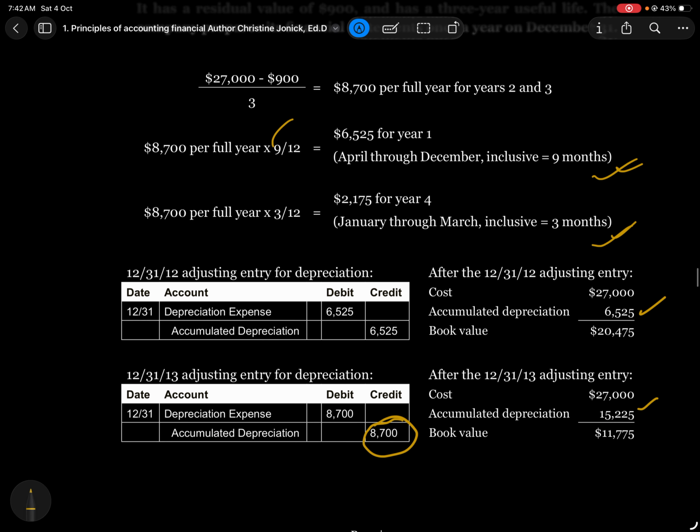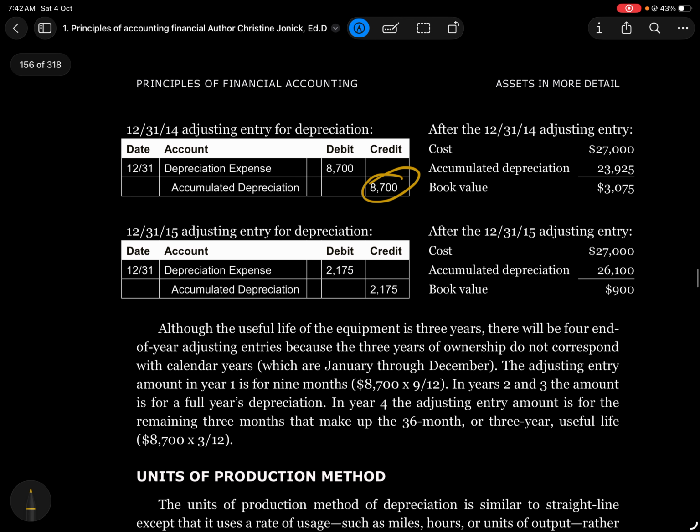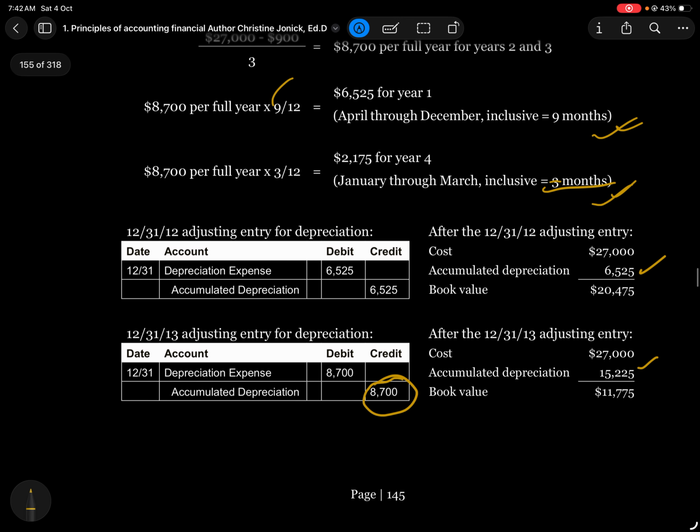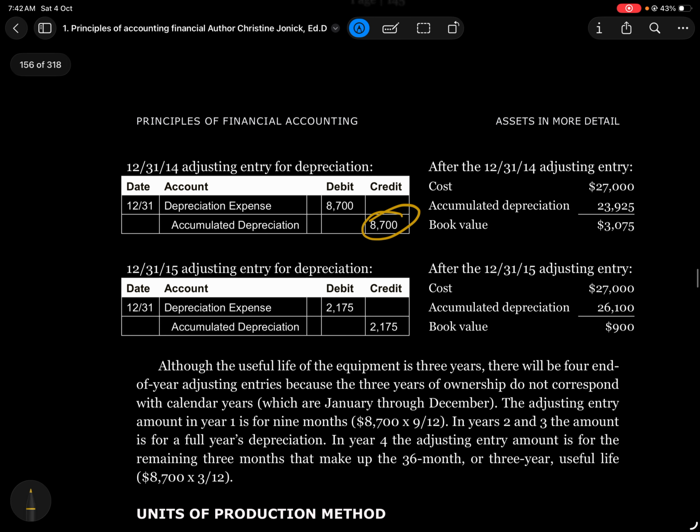So our depreciation would be less for only 3 months. That's why we record depreciation at 175, but the accumulated depreciation, when we add it up, would be 26,100.